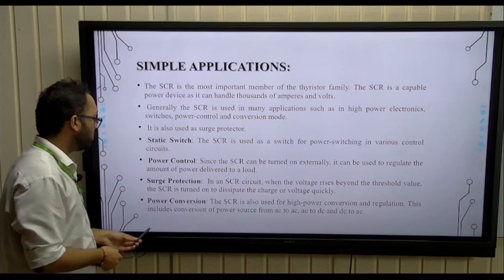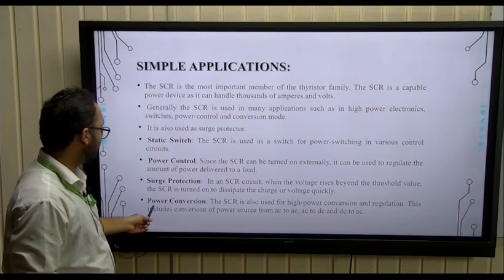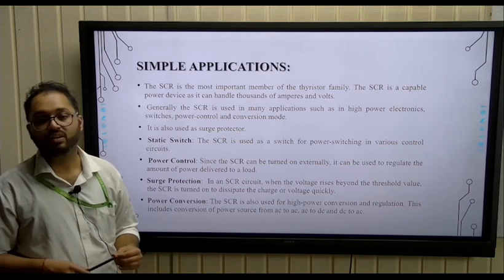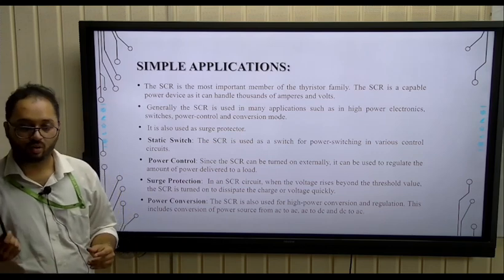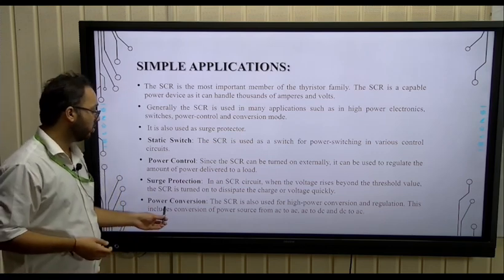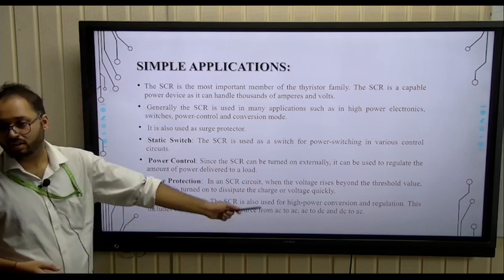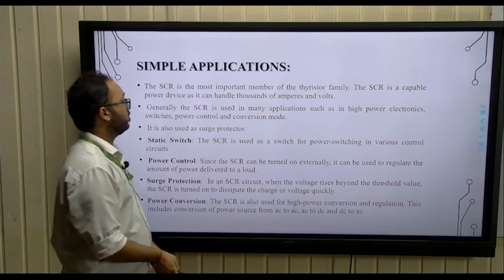So in this place we are using it as a rectifier or an inverter, and you can already see that it is well known as SCR, where R is already known as rectifier.